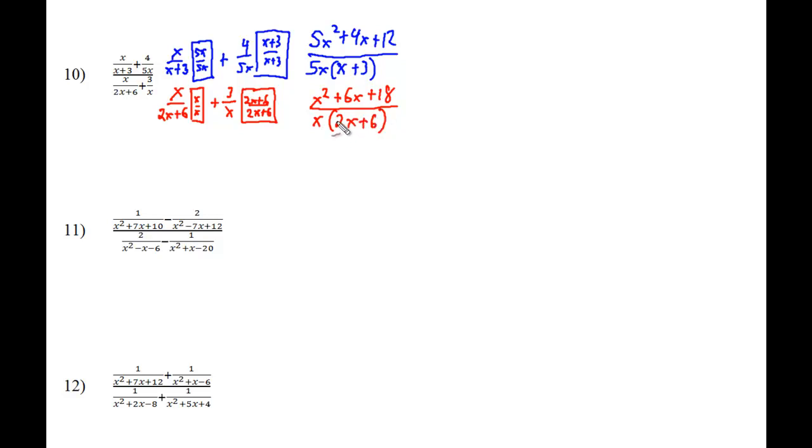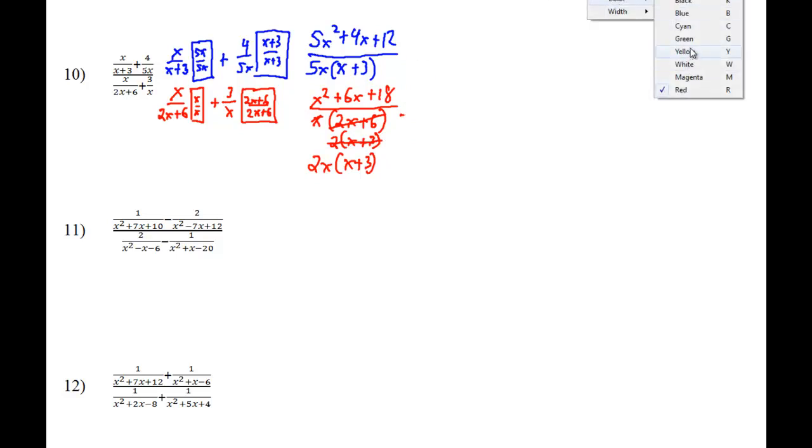It would be good to note that 2x plus 6 can also be simplified to 2 times the quantity of x plus 3, which will then change this denominator to be 2x times x plus 3. So this will actually make the next step just a little bit better. Let's go bring this up to the top using my green pen to show you what I'm going to be doing. The green pen is going to move this to the top here, and we're going to use multiplication instead of division.